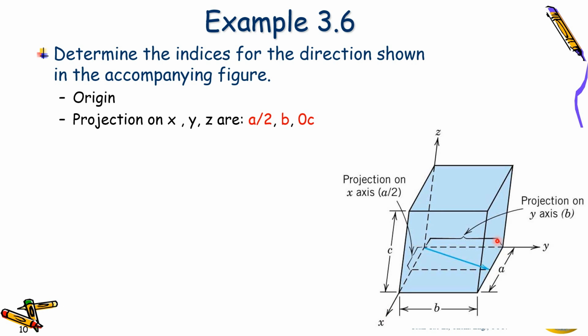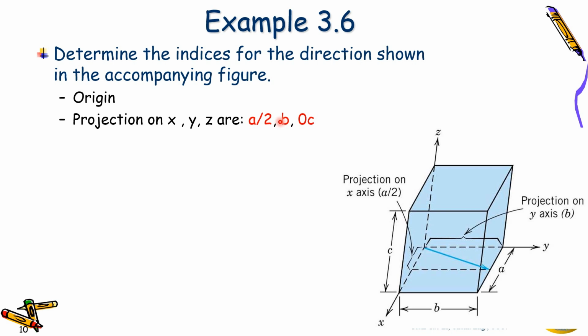That will be b, right? Because this is called a, this is called b, and this is called c. So how about this? Project to the z-axis: 0, right? So that will be half of a, b, and 0 c.